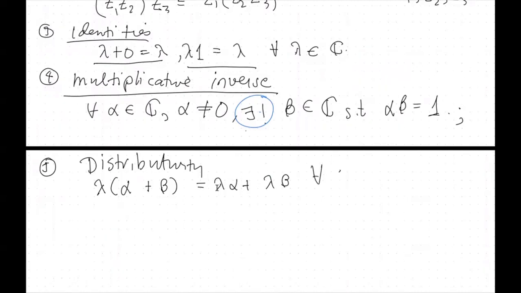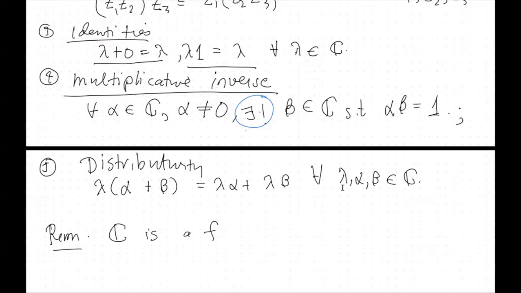This is for all lambda, alpha, and beta in the set of complex numbers. So, yeah, that's it for this property. If you have algebra background, C is a field.